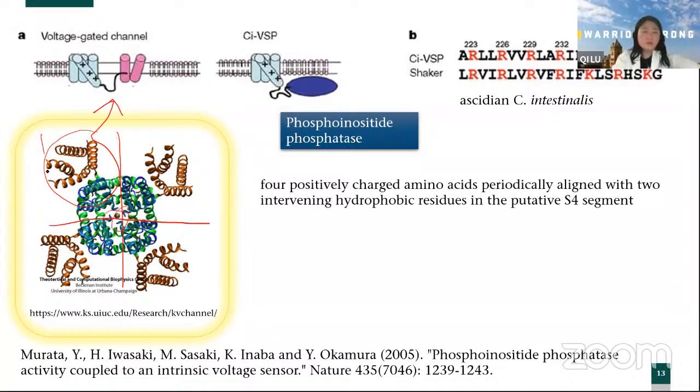This four transmembrane domain is the voltage sensor, and it can be cut and linked to a fluorescent protein or something else that senses the voltage change and changes the fluorescence. That's the basic design of the VSFPs. And these GEVIs were developed in 2005.